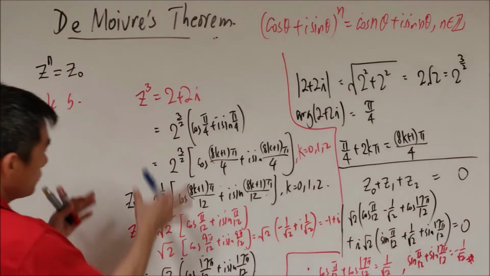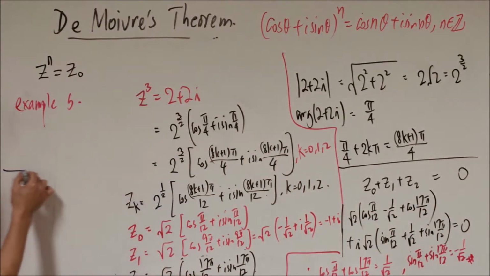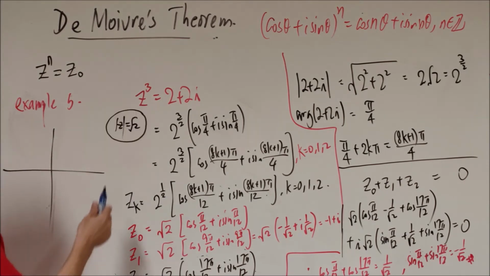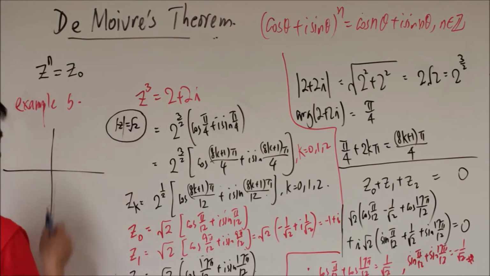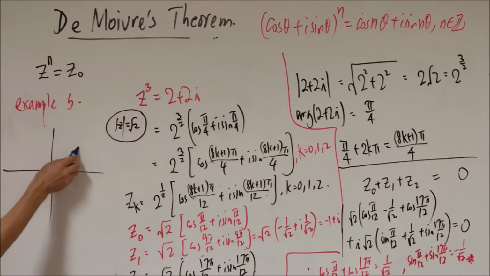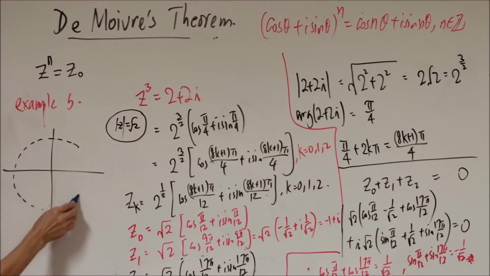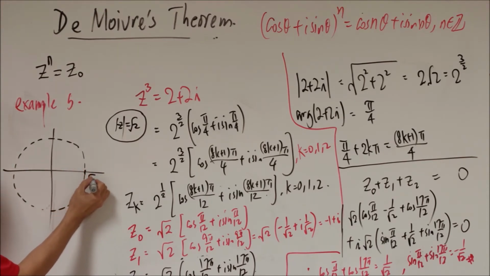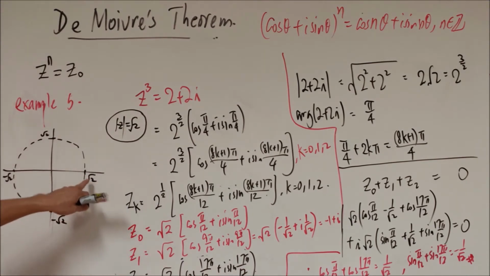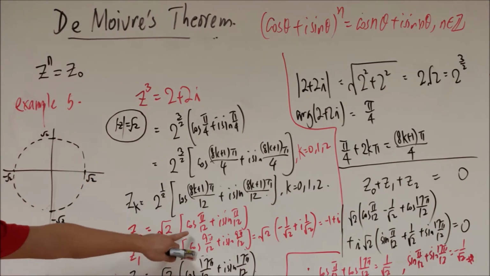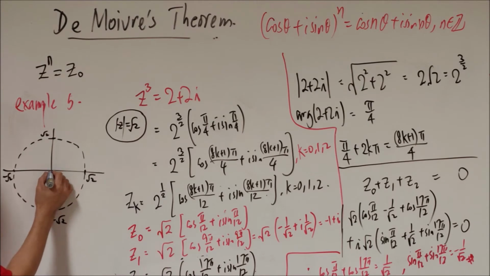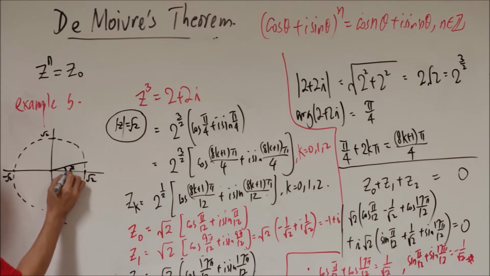If we draw all these on an Argand diagram, you will note that the modulus of z is equal to the square root of 2. It means the points will lie on a circle of radius square root 2. However, it does not start from the positive real axis, but the first one is at angle pi over 12.